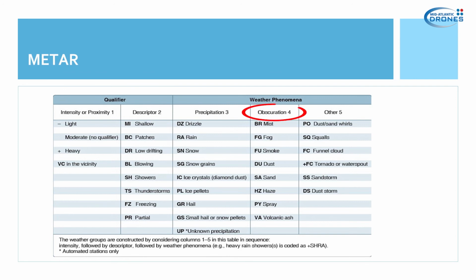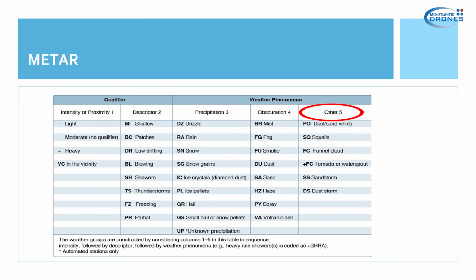Now let's talk about obscuration. BR for mist, FG for fog, FU, which I really don't like. I mean, hello. For smoke, DU for dust, etc., etc. Even VA for volcanic ash. Finally, we have others, as in other characteristics.